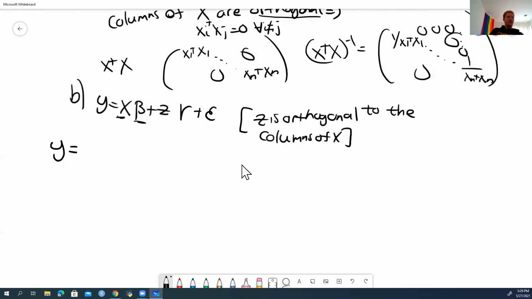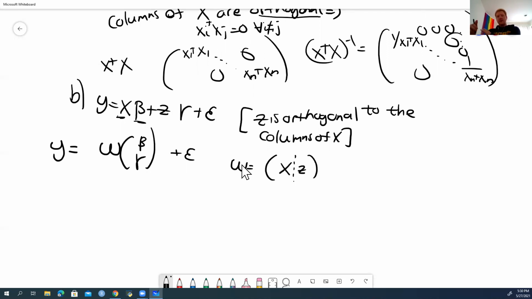Let's say that y is equal to w times (beta, gamma) plus epsilon, and let w be equal to x augmented with z. So now this goes back into standard linear regression, and we can just proceed with our process.